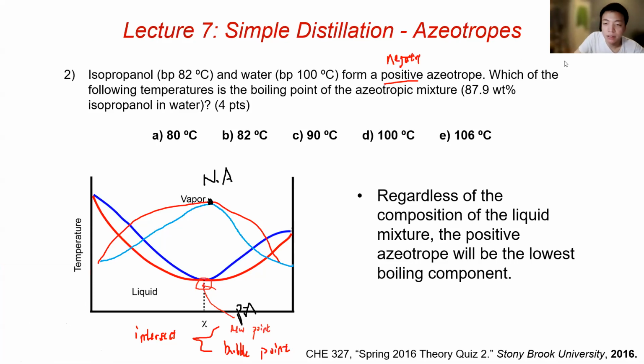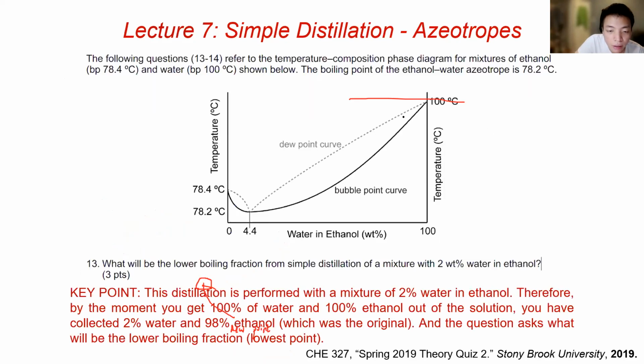The same is open book. Based on this information, the question asks which of the following temperatures is the boiling point of the azeotrope.